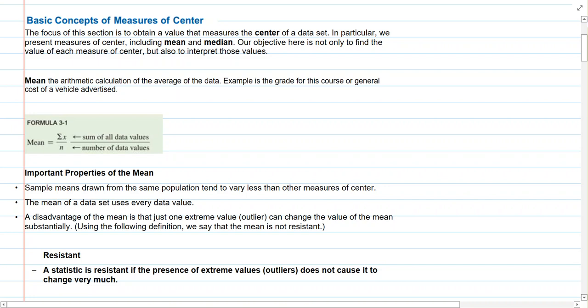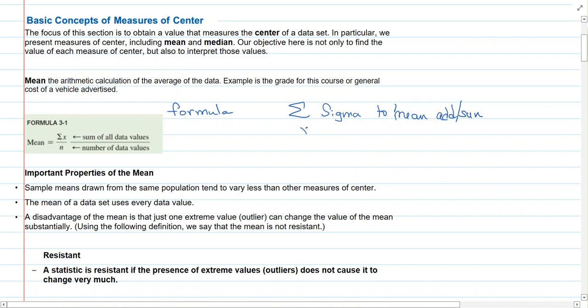So we have the formula here. And we introduce the sigma, which means add, or sum.